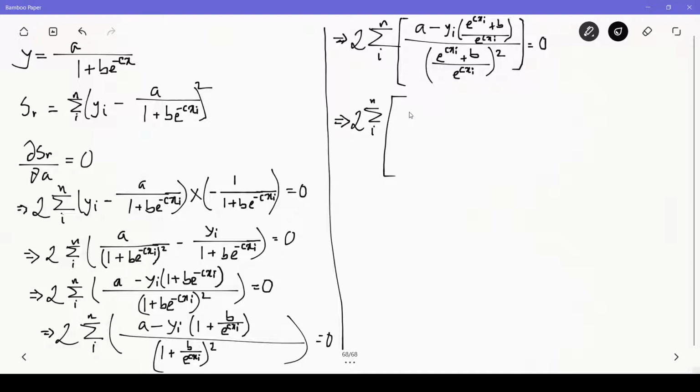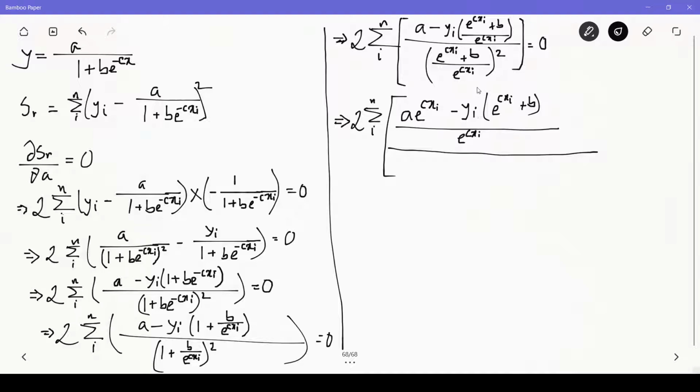We get something like what? a e to the power cxi minus yi times e to the power cxi plus b divided by e to the power cxi. So this is the whole numerator part, and the denominator part we do the same thing.